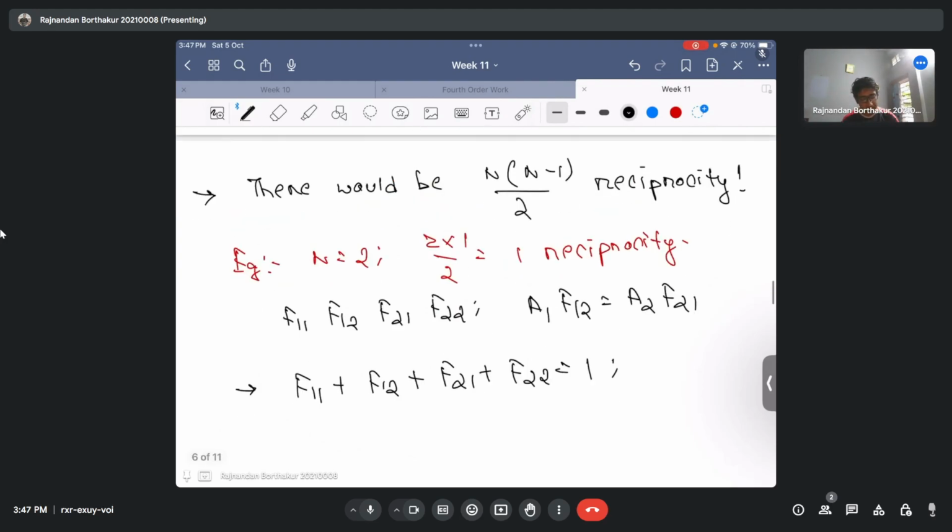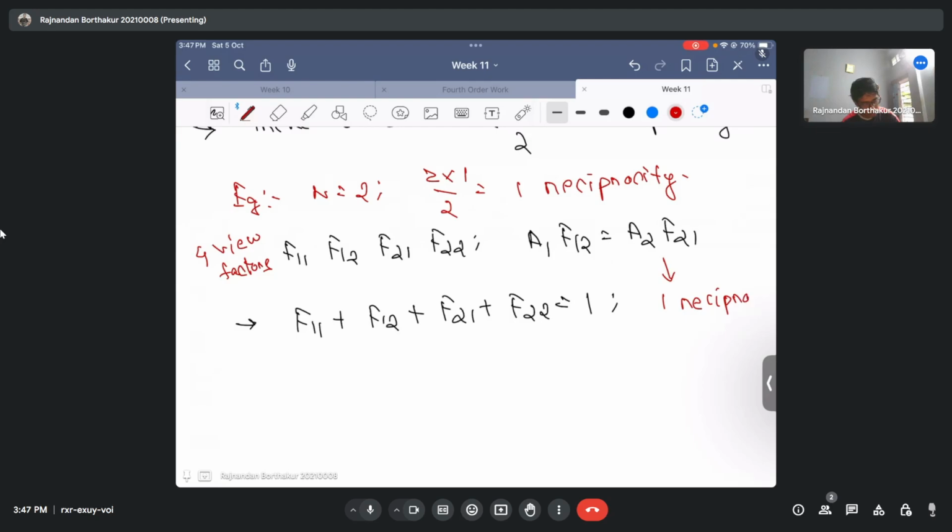Which means if I have two surfaces, I will have four view factors, one reciprocity relation, and one summation rule.